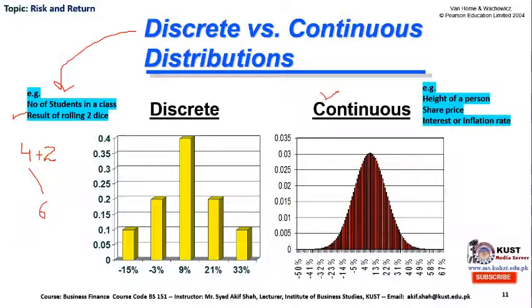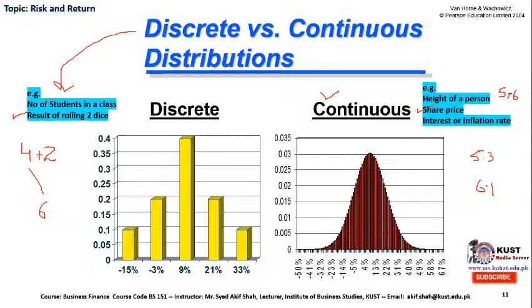What is continuous data? Let us take an example, the height of a person. The height of a person is not necessarily 5 feet or 6 feet. It could be between 5 and 6 and maybe greater than 6 as well. So when the numerical value can have decimal places like 5.3 feet or 6.1 feet, such kind of data is known as continuous data.